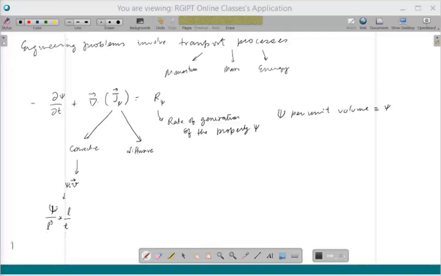So flux of any quantity is basically psi crossing per unit area per unit time. That's the meaning of flux. So it has the dimensions of psi divided by area into time, whatever the psi is, the corresponding dimension.